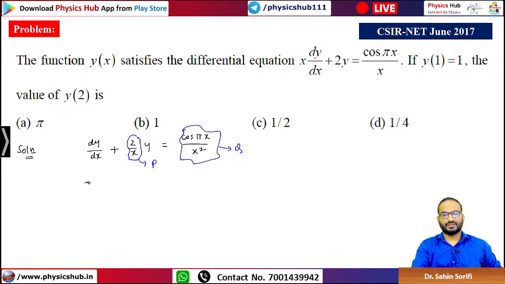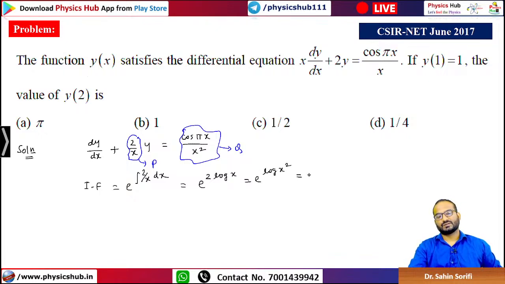So the integrating factor will be e to the power integration 2 by x dx, which is e to the power 2 log x, e to the power log x square. So that is x square.